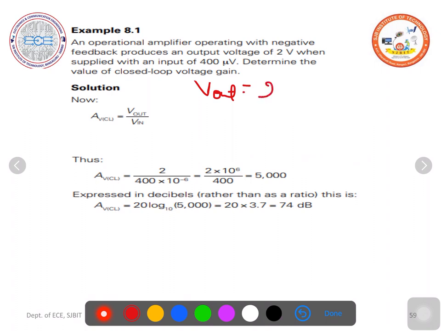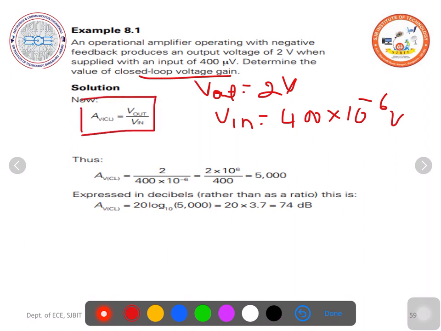So here is a simple example. An operational amplifier operating with negative feedback produces an output voltage of 2 volts when supplied with an input voltage of 400 microvolts. Determine the value of closed loop voltage gain.